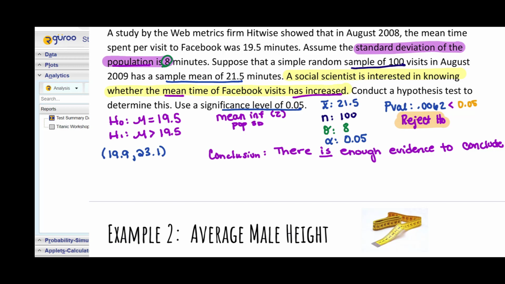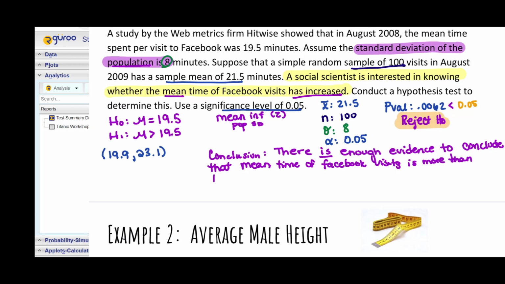H1 in context is that the mean time of Facebook visits is more than 19.5 minutes. You could also say there's enough evidence to conclude that the mean time of Facebook visits has increased, because that's kind of how it was worded in the problem there.